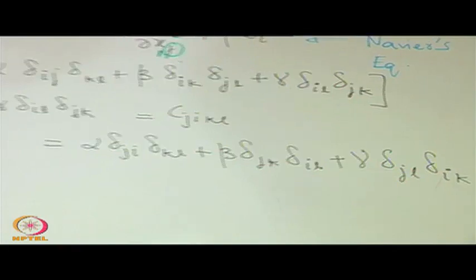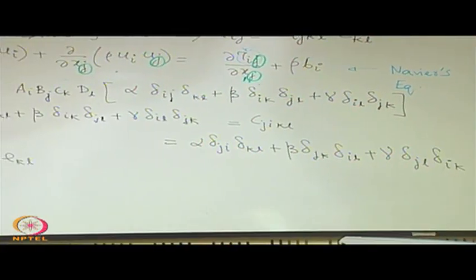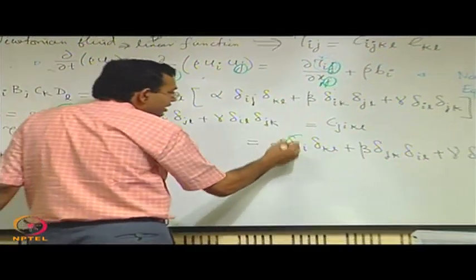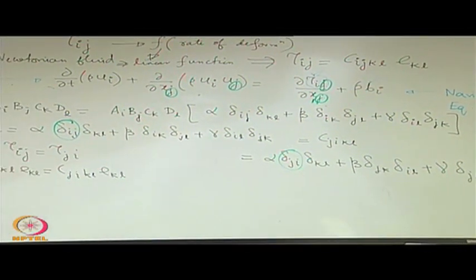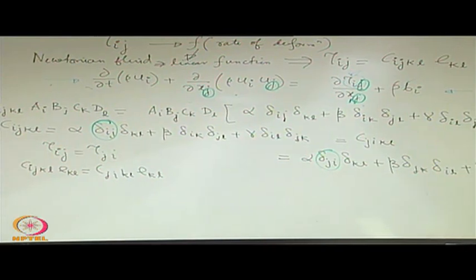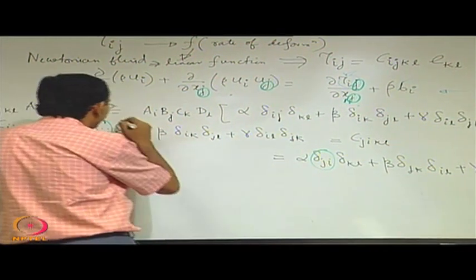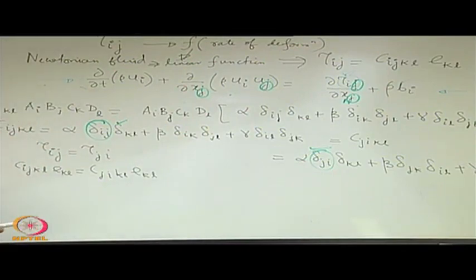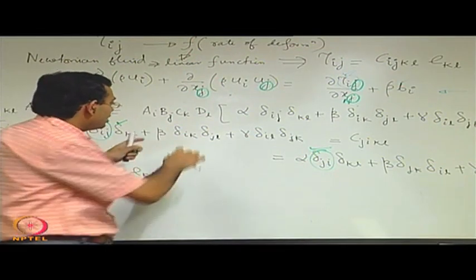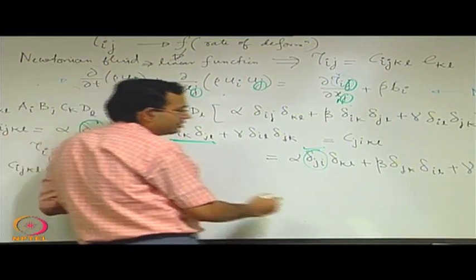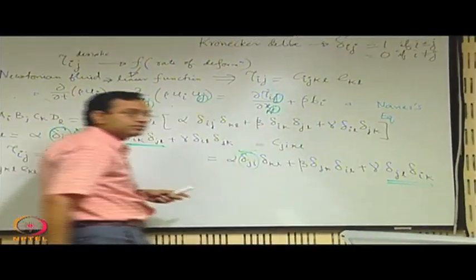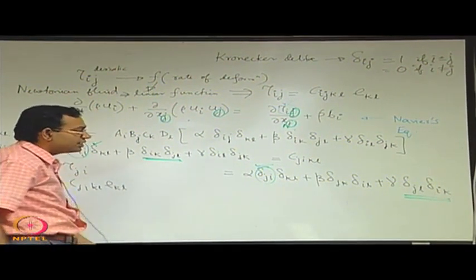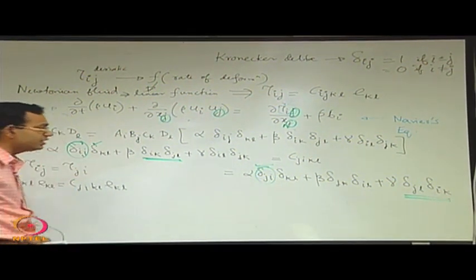Now, you see, first of all, what is the relationship between delta ij and delta ji? They are the same. Delta is just a symmetric tensor. That means when you equate these two, those terms get cancelled. For the remaining ones, delta ik delta jl is coming with a coefficient beta in the left hand side, and in the right hand side it is coming with a coefficient gamma, that is the only change.